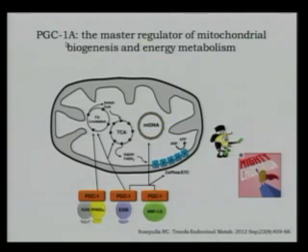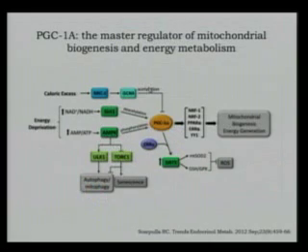The term mitochondrial biogenesis means the formation of new and healthy mitochondria, and that means better energy metabolism, better energy expenditure, and so on. Now, how does this play a role in nutritional states? Here is PGC1 alpha, which upregulates mitochondrial biogenesis, meaning the formation of new and healthy mitochondria.